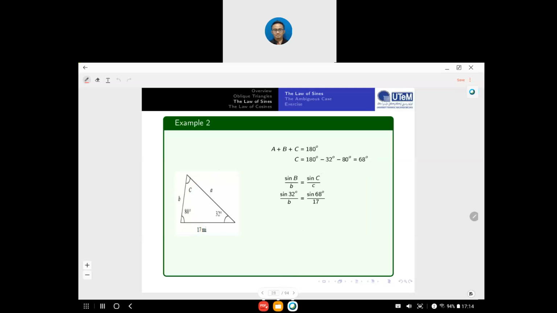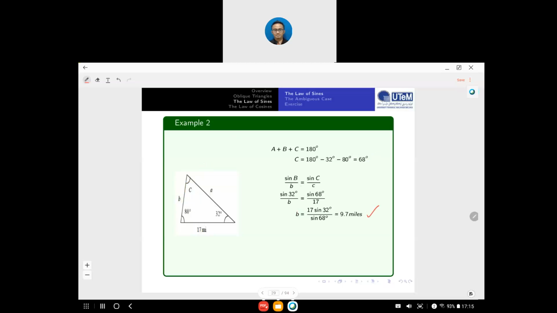By substitution, sine 32 over B equals sine 68, because here this C is 68, over 17 miles. So we can get the value of B here, whereby B equals 9.7 miles.